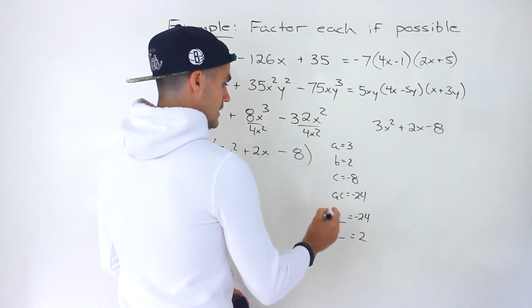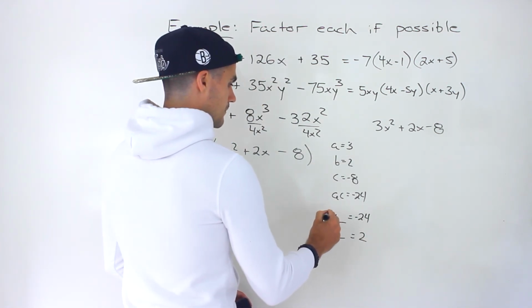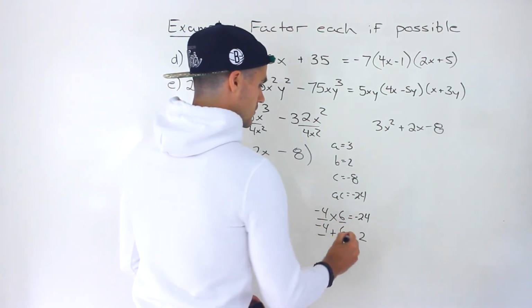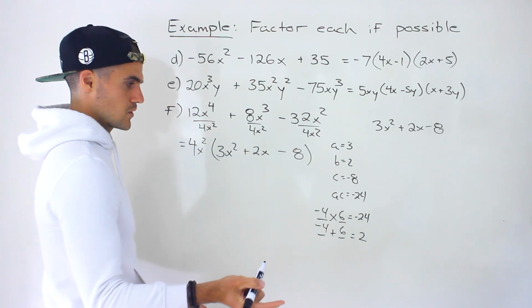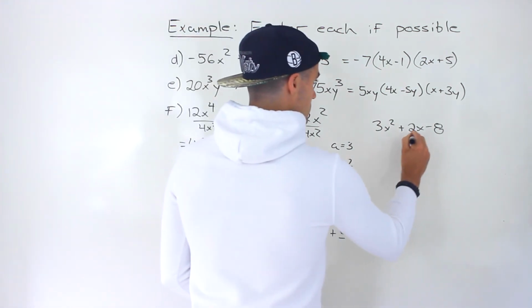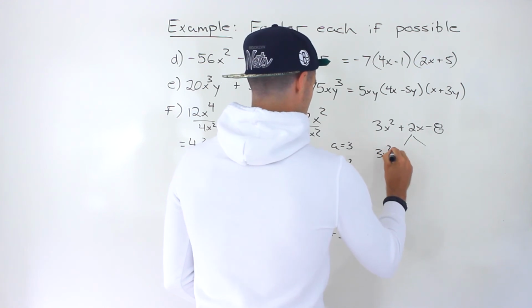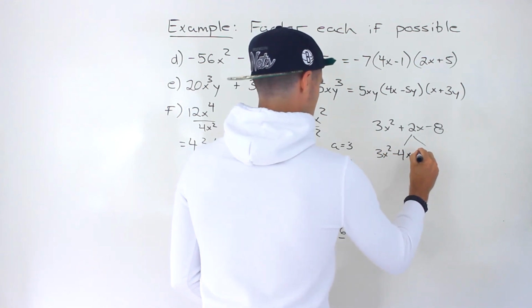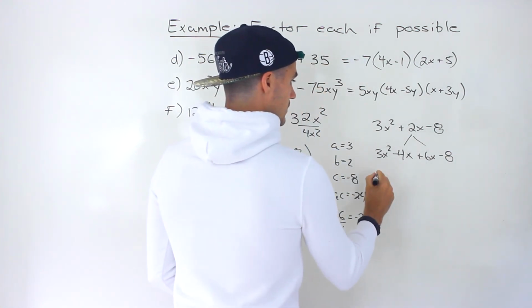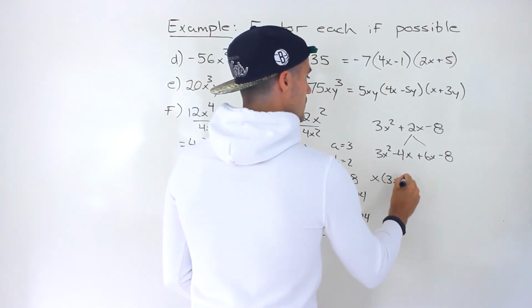And that would be -4 and 6. -4 times 6 gives us -24. -4 plus 6 gives us +2. So decompose that middle term into those two terms like that. Take out an x from these.